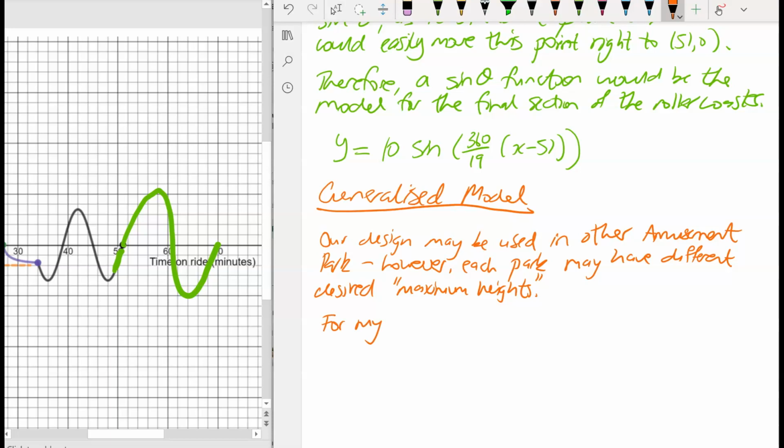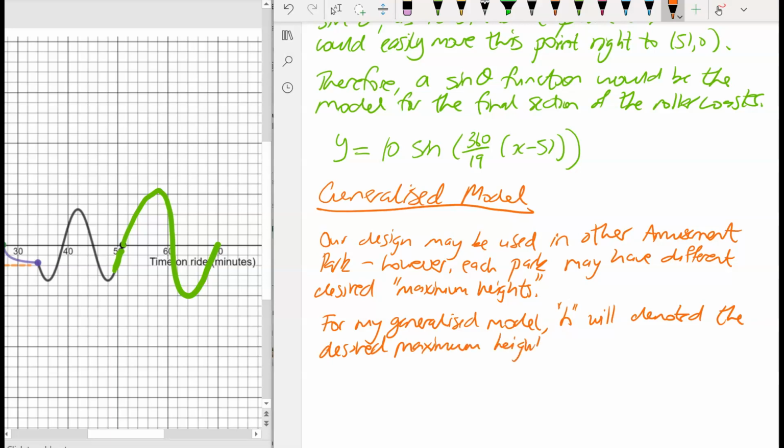For my generalized model, H will denote the desired maximum height.